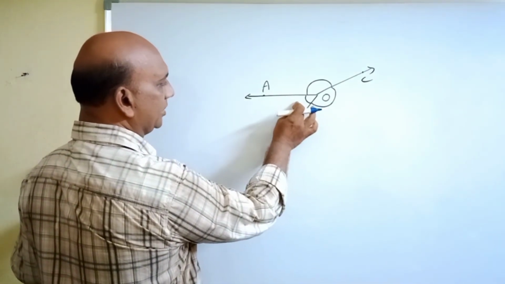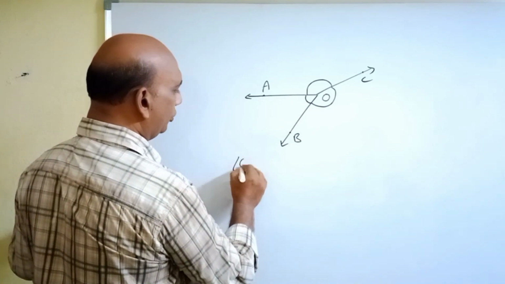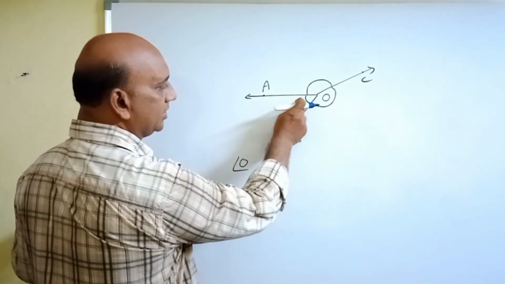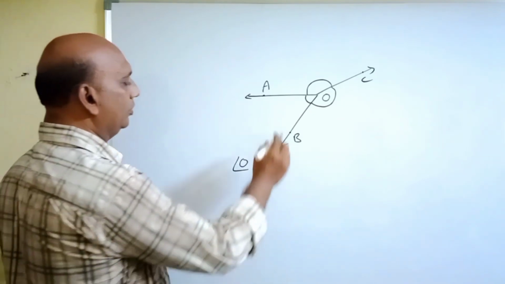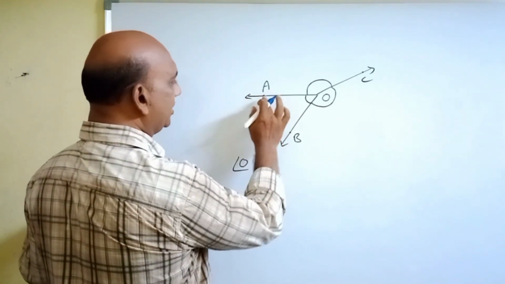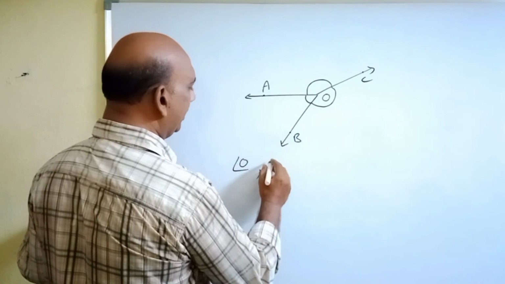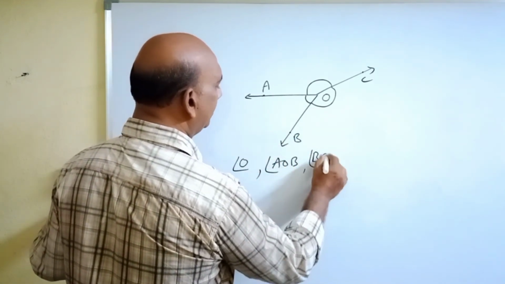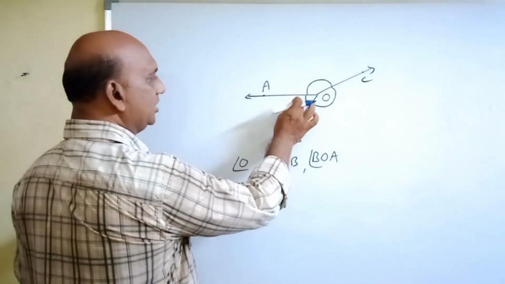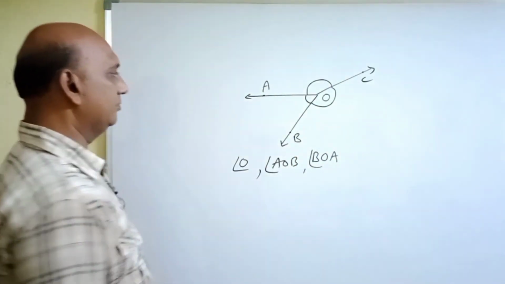In three different methods. That is angle O, because this angle is near the common vertex O. And next, from this side, starting from A to B, that is angle AOB and angle BOA. So this is represented in these three ways.